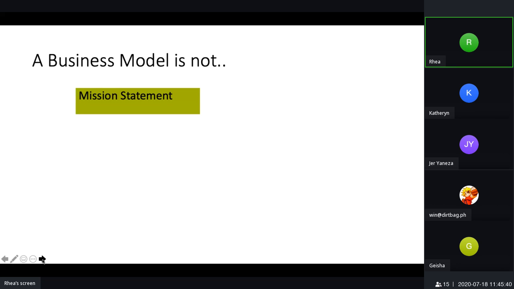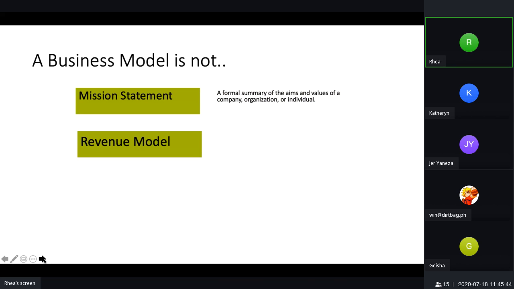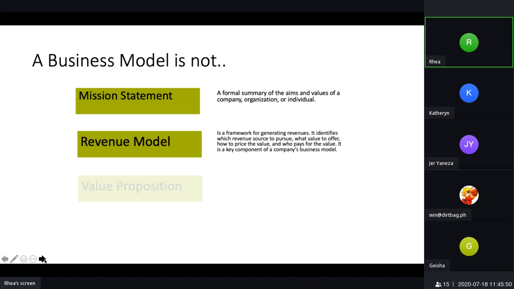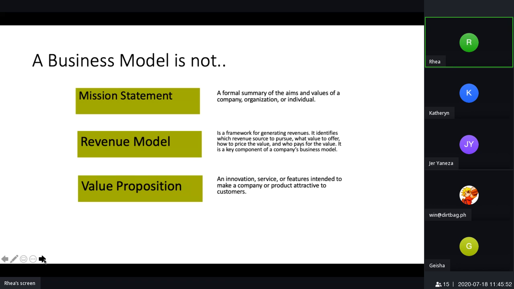So again, a business model is not a mission statement. It's not even a revenue model because revenue stream is only one part of your business model canvas. And it's not only your value proposition because it gives you an entire overview of your business. And it's not even a business plan.